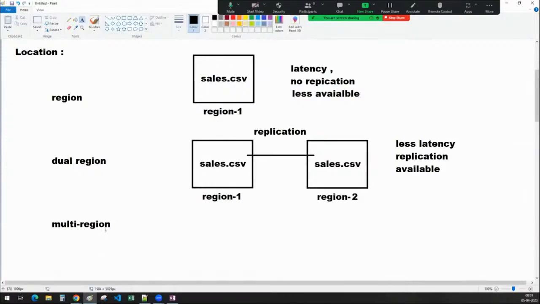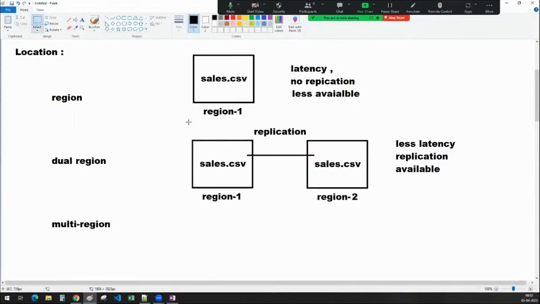What if I go to multi-region? Multi-region will be selected by those companies who don't want to lose the data at any cost. You are running a business, and it is very important for you. You have data that you don't want to lose at any cost. In that case, you select a multi-region.